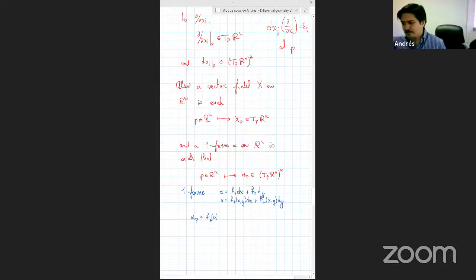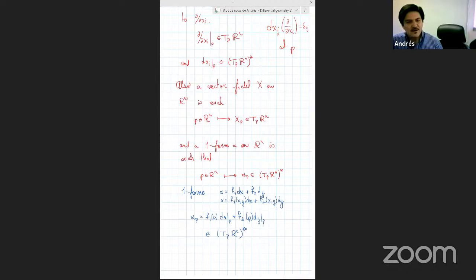The next thing that I'm going to write, we usually don't do it, it's the same as in vector fields, but I'm going just to make things clear. Like this, right?